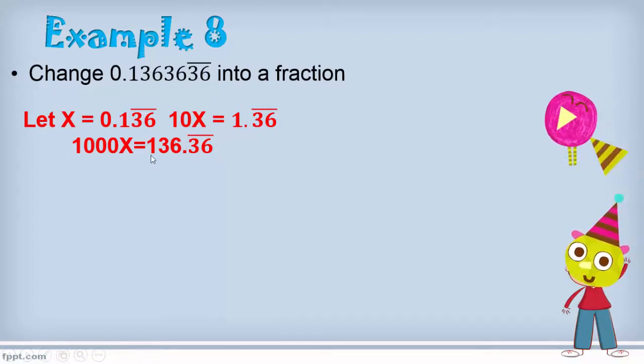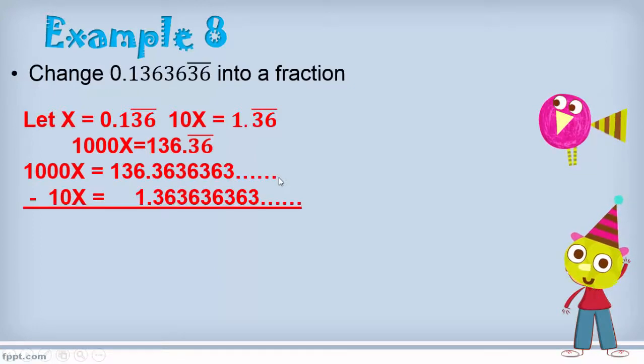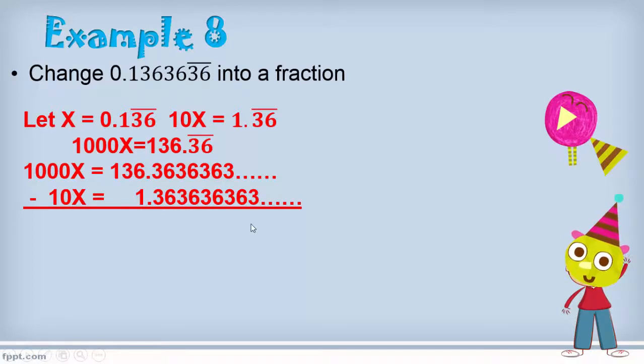So when we multiplied it by 1000, we got 136.363636, etc. Now we have both of these, the 10x and the 1000x, with the same recurring decimal after it. That puts us in the position of being able to subtract off the recurring part.